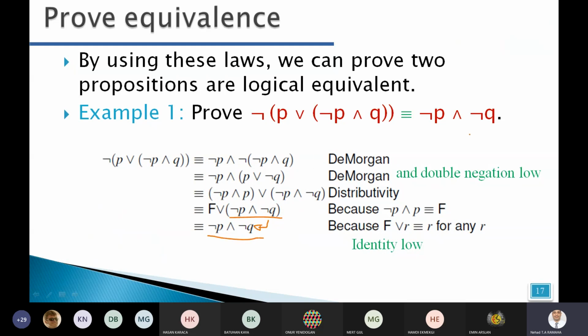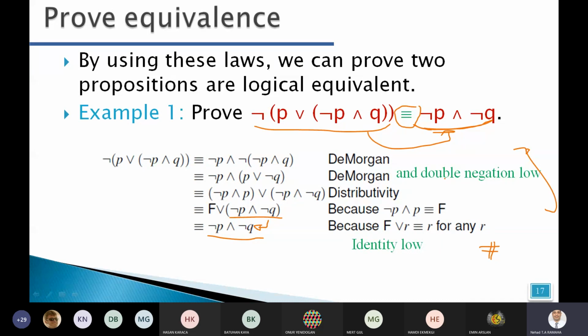So I get this one as the result. If you check, we reached the other side, so we proved what we needed. To prove this logical equivalence, you need to start from this side and reach the other side using the laws: De Morgan law, distributivity, association rules, and the identity rule, which is very clear.